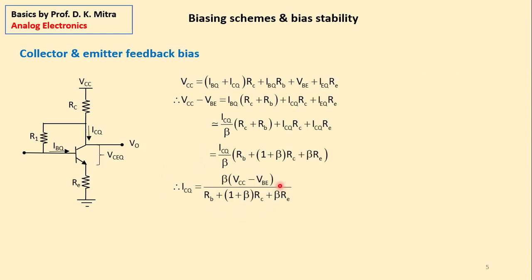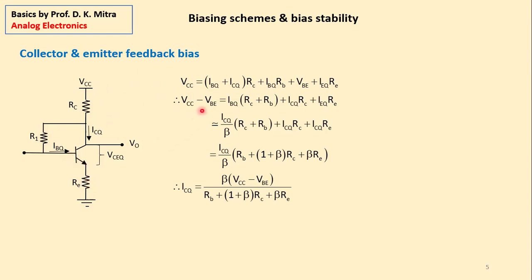Next is collector emitter feedback bias. Here, same as the last one, but there is another emitter resistance. So here the equation is VCC is equal to IBQ plus ICQ multiplied by RC, because the two currents flow through RC, plus IBQ RB, which is resistance RB, plus IEQ RE plus junction voltage, right?